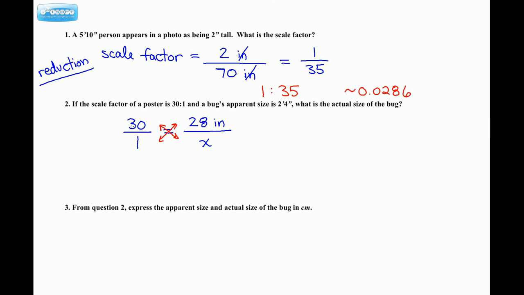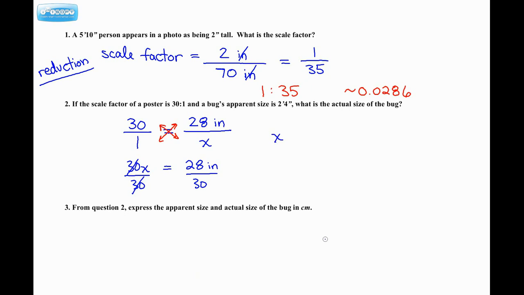So we begin 30 times x. That's just 30x equals 1 times 28. Well, it's just still 28 inches. So we'll solve for x. We'll divide both sides by 30. I'm running out of space, so I'm just going to put it over here.